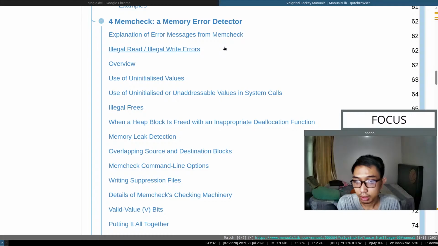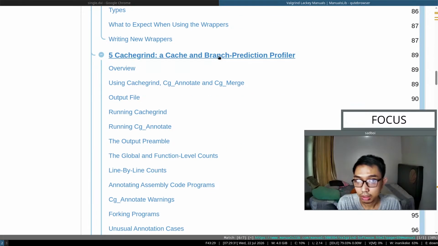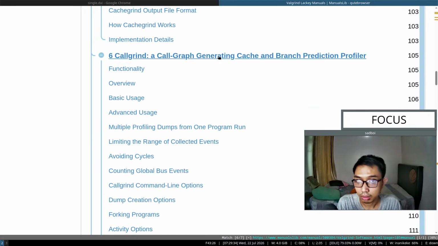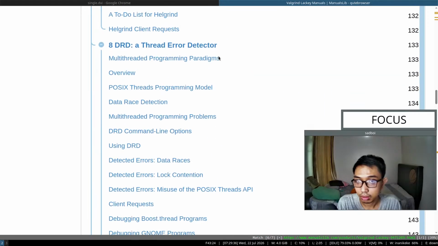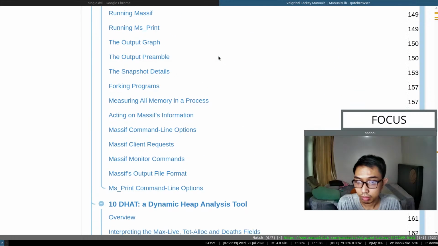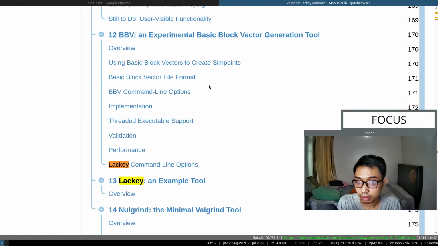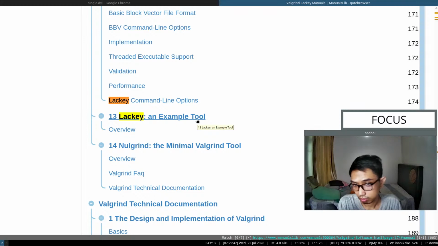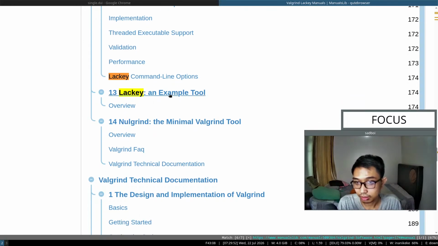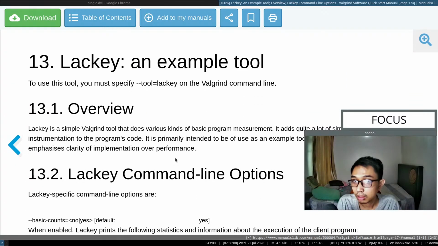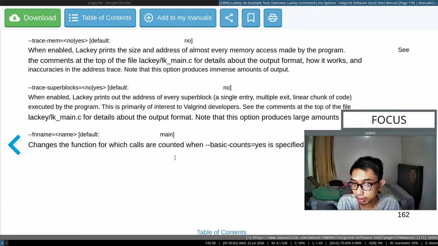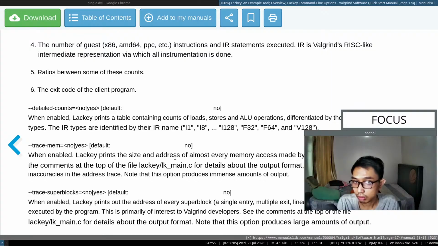There is Memcheck here. Okay, so it's like only an example. Is that it? Maybe.